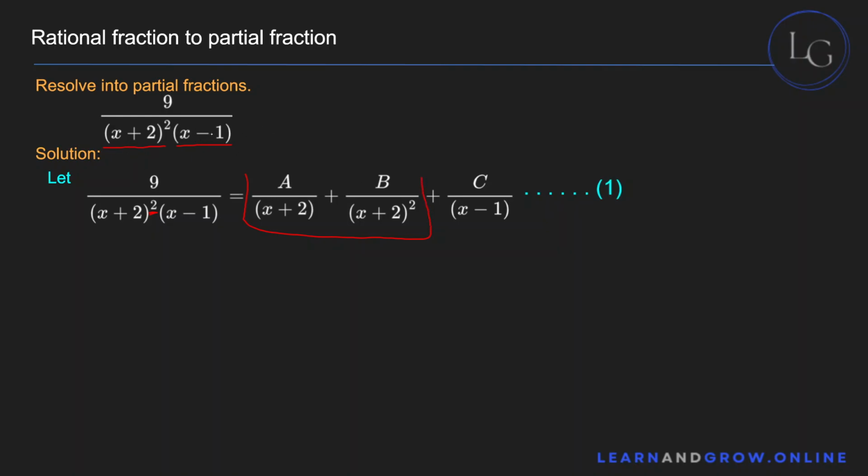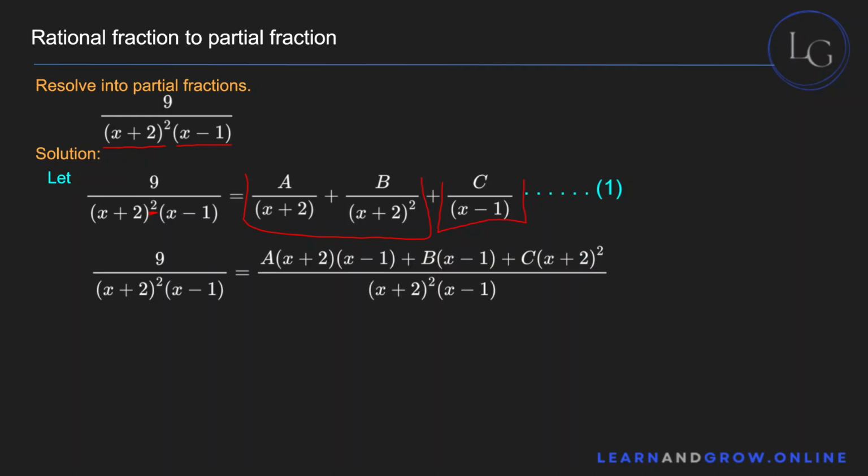And then you'll have to also put in another partial fraction for this x minus 1. So you'll have this c over x minus 1 for this. And now you have to resolve it. So obviously, as with every other partial fraction resolution we've done before, you'll take the LCM of these three. So a will be multiplied with, basically you need this x plus 2 whole square into x minus 1 in the denominator.